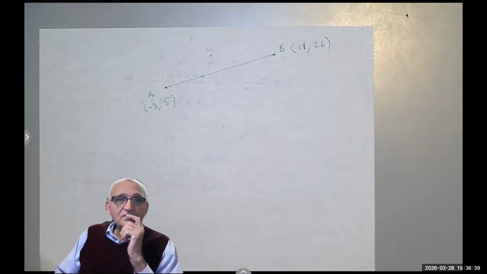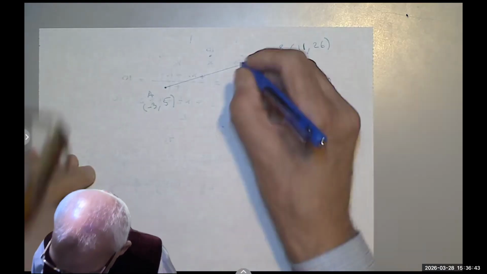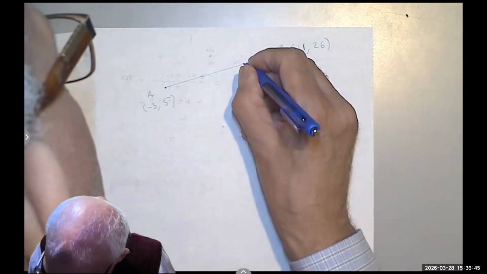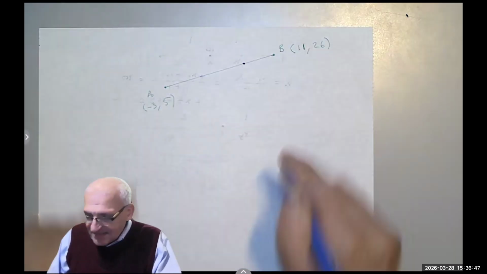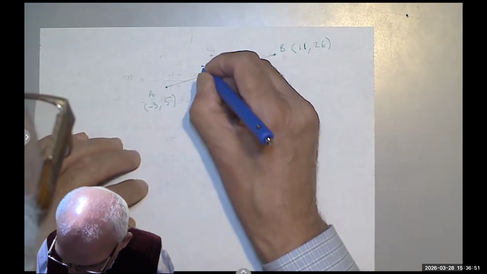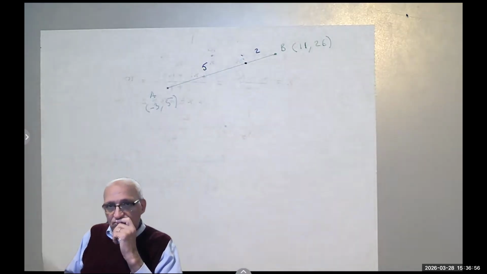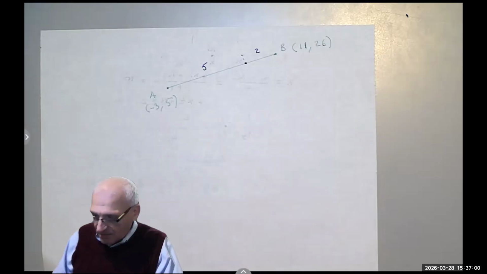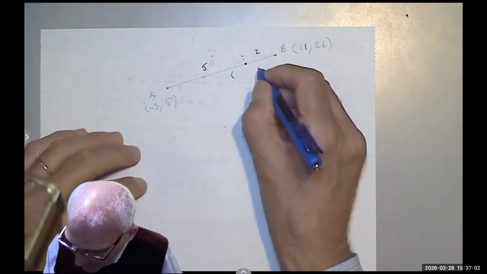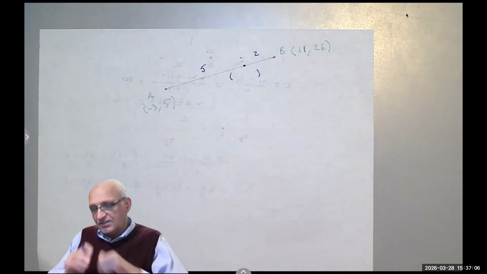Okay? And I want you to give me a point here that divides this line segment into the following ratio, 5 to 2. What would be the coordinates of this point that I'm going to call x and y?